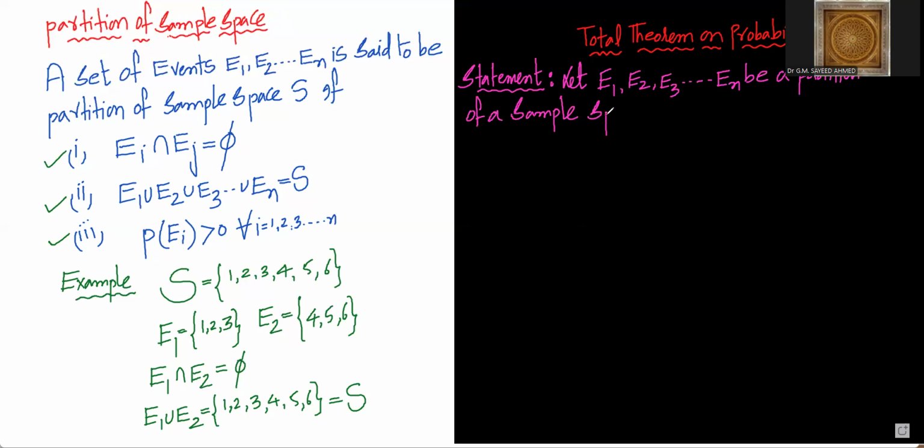Do you understand why I am taking the partition of sample space as a separate definition? I think you got the idea. We should know what a partition is, then only can we go for the theorem proof. Correct? You should know the concept of partition.